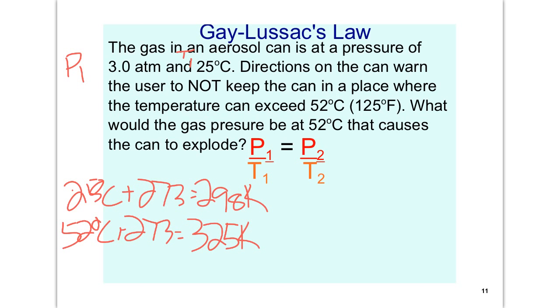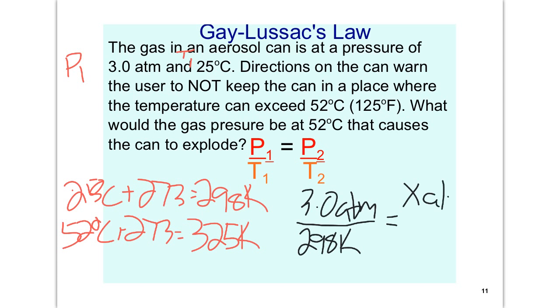cause it to explode? So we take our pressure 1, which is 3 atm. We divide that by our 298 Kelvin. We set that as equal to X amount of atms, that is our unit of pressure, divided by our temperature 2, which we found to be 325 Kelvin.